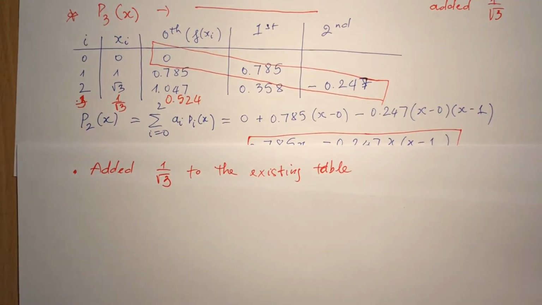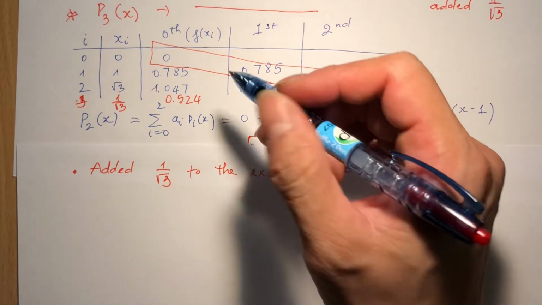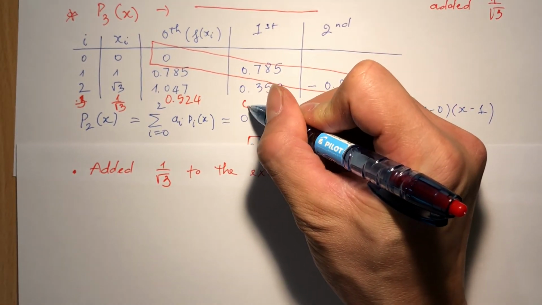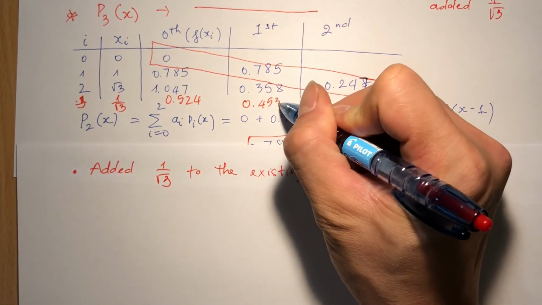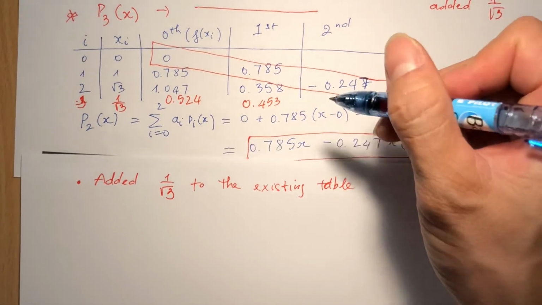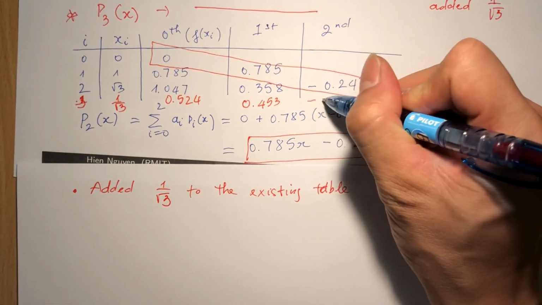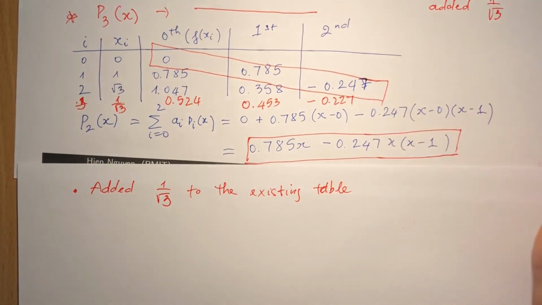0.524, and the first derivative is computed, the answer is 0.453. Then the second derivative, the answer is minus 0.227.